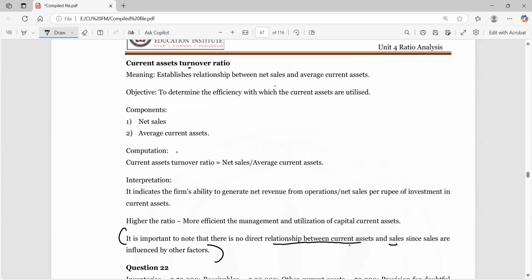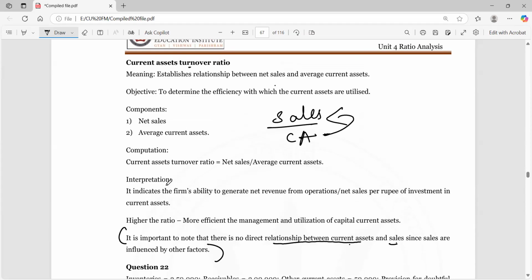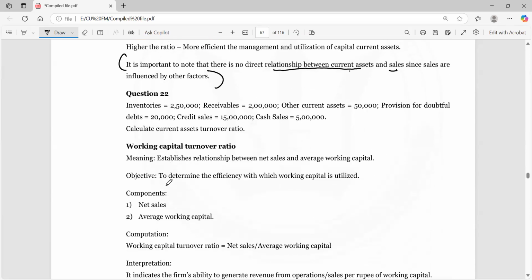So for the current asset turnover ratio, the formula will be sales divided by current assets. This ratio tells us for every 1 rupee of amount invested in the current assets, what is the amount of sales the organization is generating. So for question number 22, calculate the current asset turnover ratio quickly.